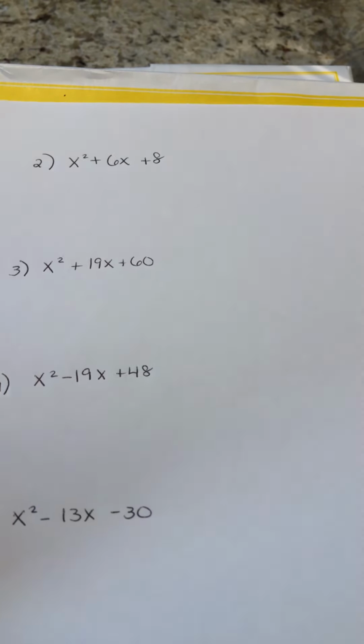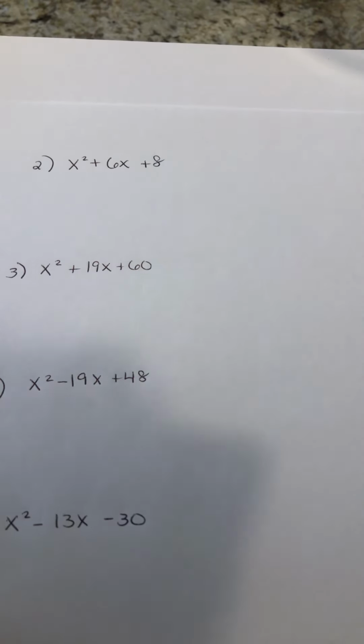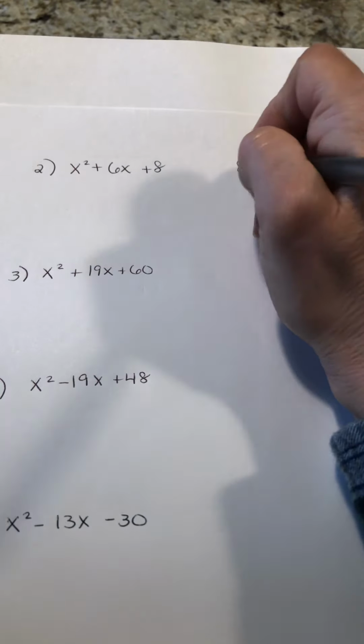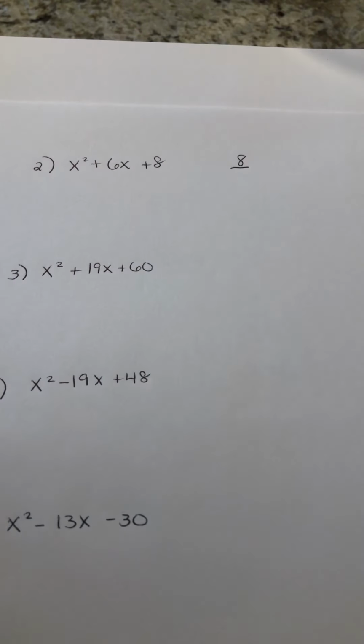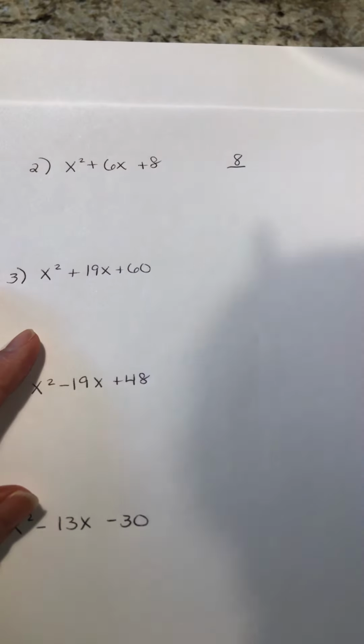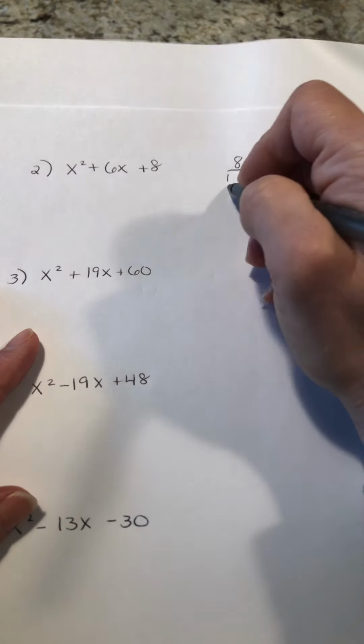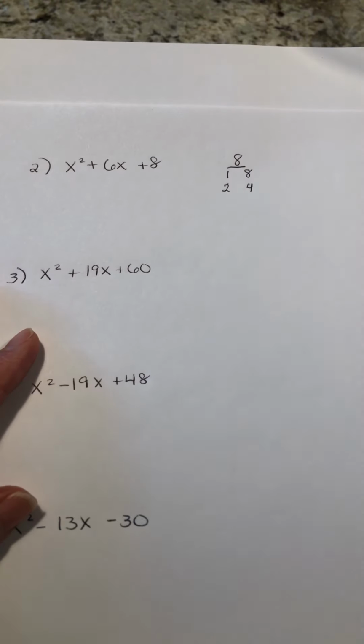So we have x squared plus 6x plus 8. Following that same process, I am looking for factors of 8 whose sum is 6. I'm just going to start writing factors of 8. I know that 1 times 8 gives me 8, and 2 times 4 gives me 8, and I think those are the only factors of 8.